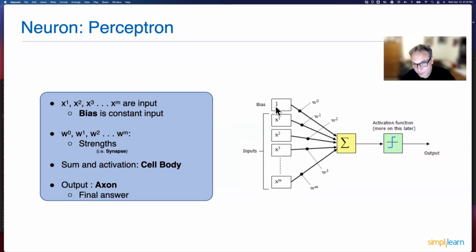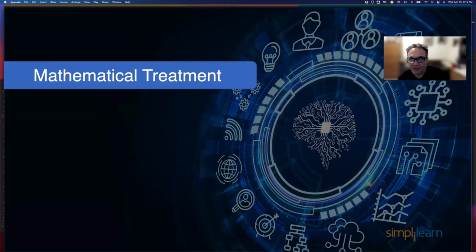You have the inputs and the bias, and all these weights multiplied by the X's, summed together, and then passed through an activation function. We'll talk more about the activation function shortly. So that was converting the biological piece to the mathematical one neuron.